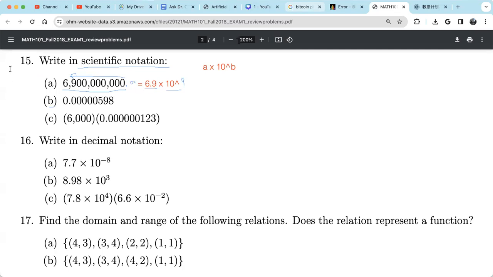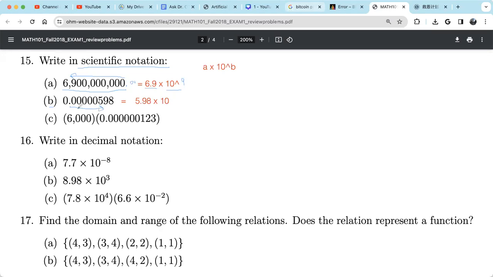B is less than 1. Right? B is a decimal. So in B, we want to pick a number 5.98. Then multiply by 10 raised by a number. Well, 10 raised by what number? So decimal point was here. So we have moved the decimal point after 5.